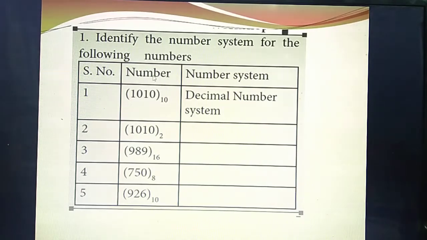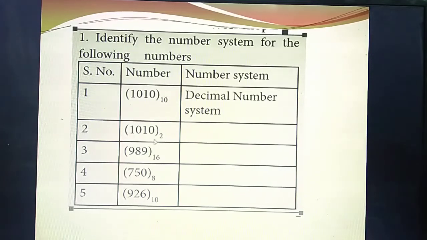If you listened to the last class correctly, you can answer. Identify the number system for the following numbers. First number, 1010 base 10. Which number system is this? Base 10 means it belongs to the decimal number system.